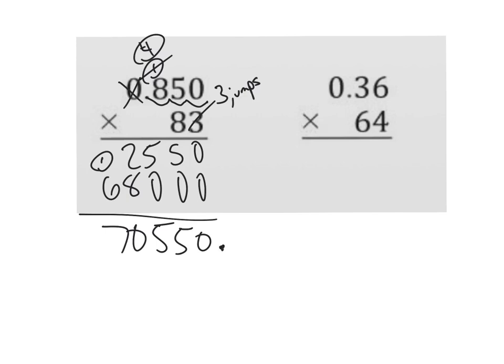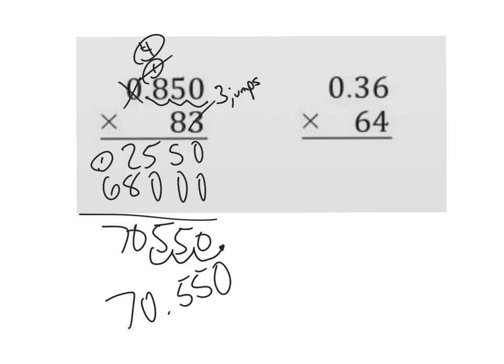So I'm going to start my answer with a decimal, and I'm going to jump it 3 times in the opposite direction, which basically means I'm going to jump it to the left. And so if I jump it to the left here, then I'm going to get an answer of 70 and 550 thousandths.